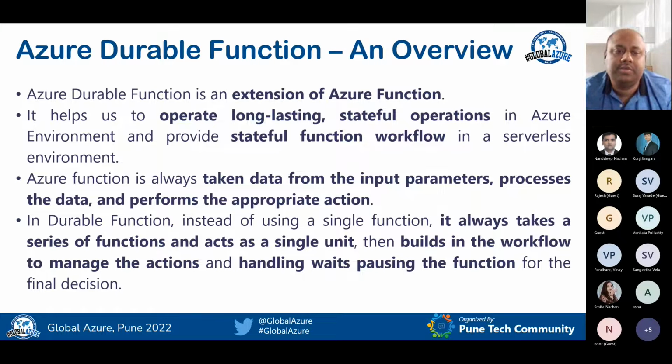But Azure Durable Functions act as a group of functions, a single unit, and the entire unit needs to be completed. The completion time span of an entire unit may be more than 1 day, 1 week or 1 month, depending upon our workflow definition.